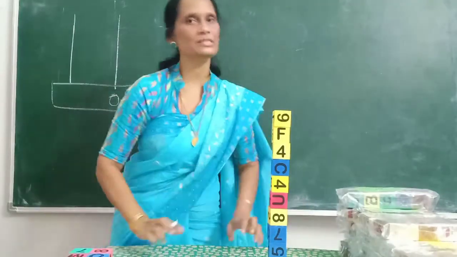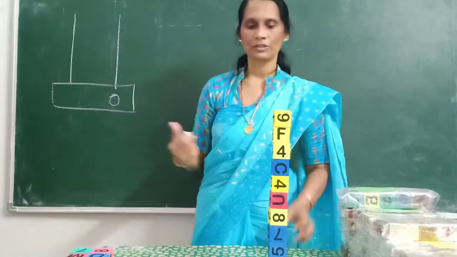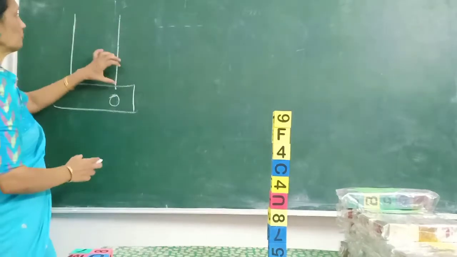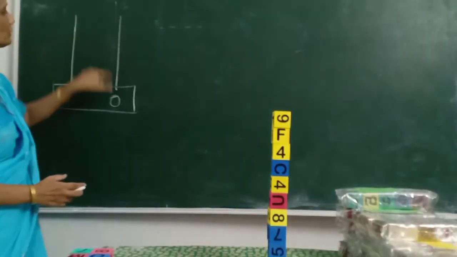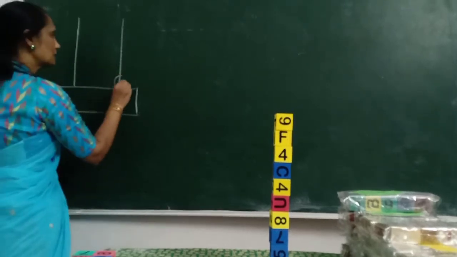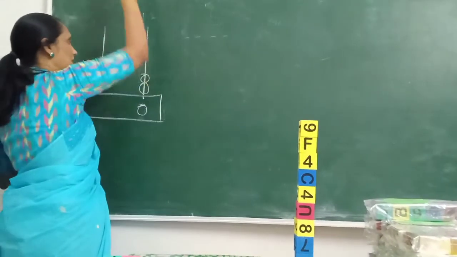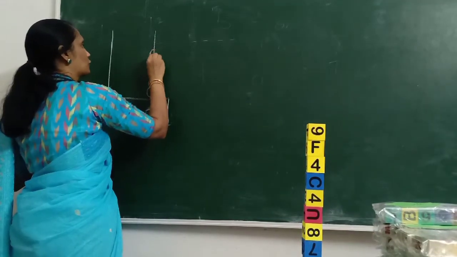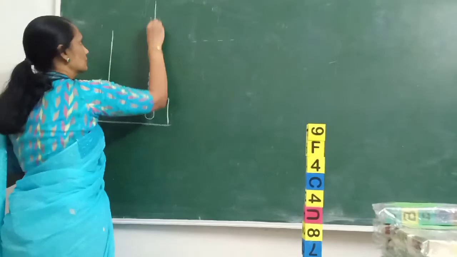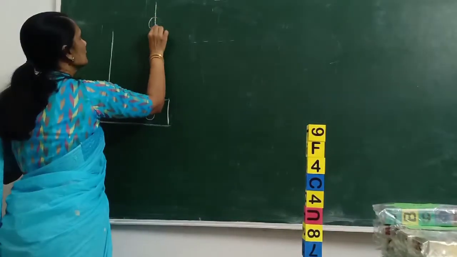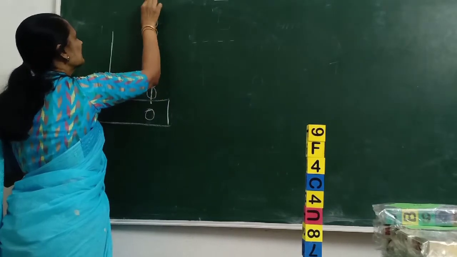We want to represent 10 ones on the abacus. For representing 10 ones, we should not place 10 ones on this ones line. Placing 10 beads on the same line is the wrong process. 1, 2, 3, 4, 5, 6, 7, 8, 9, 10.